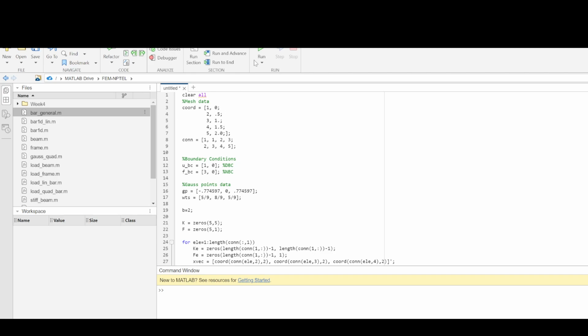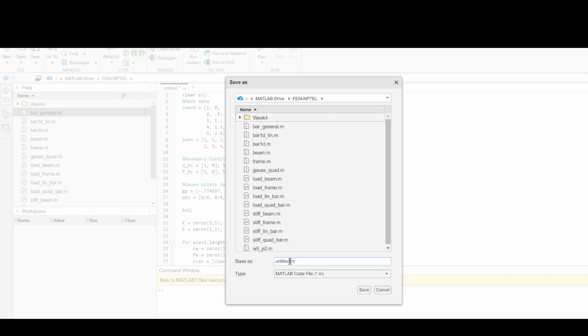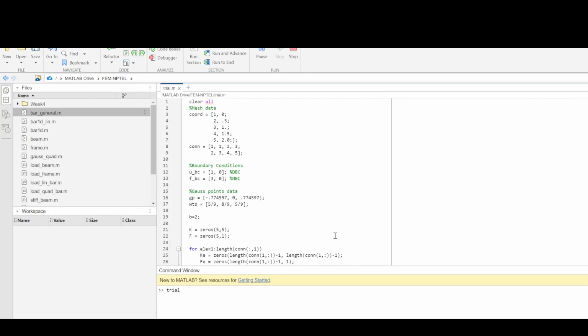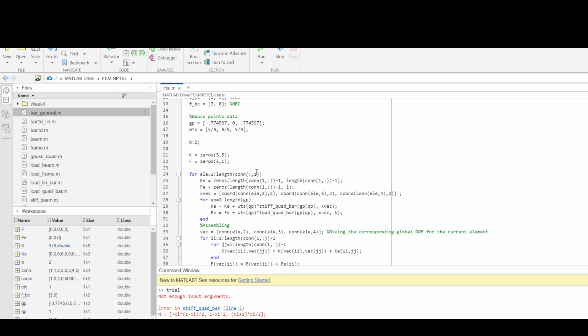We'll first check if it is working. Is it able to read the functions? So are we missing anything here?